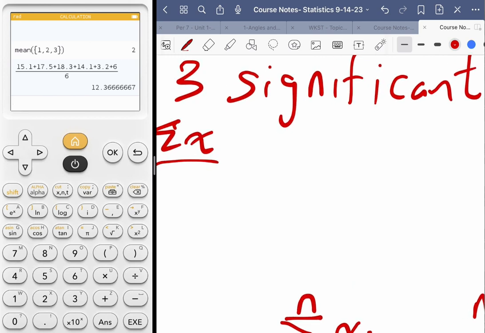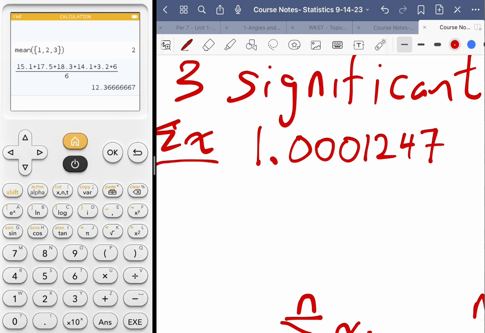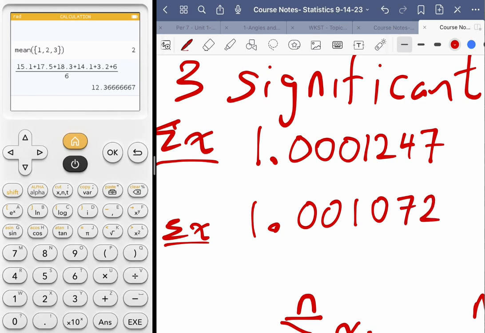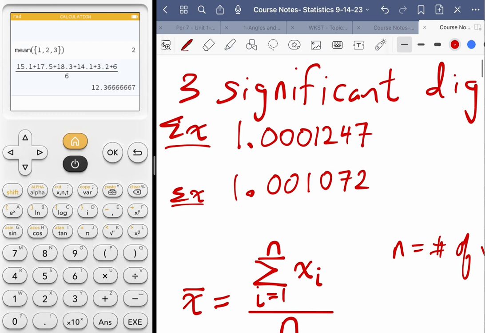So let's say you have 1.001247. And another example of 1.001072. The two examples should be all right, because I just did the third type of one in the problem that we did.